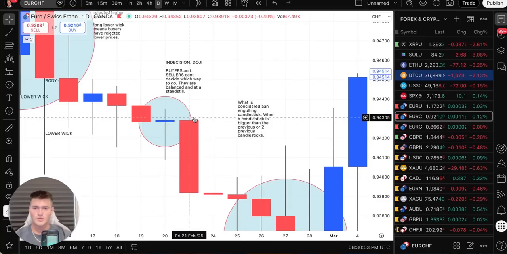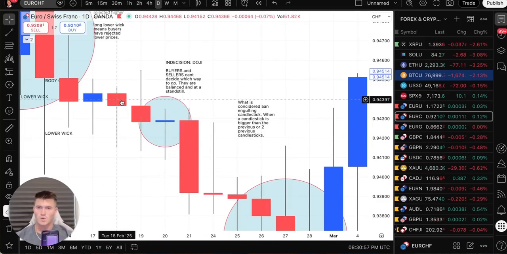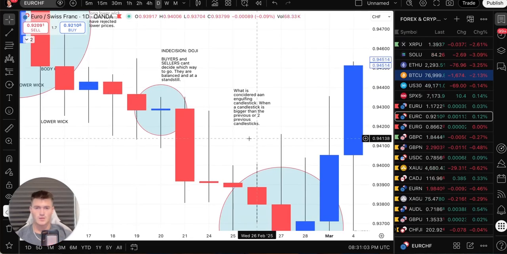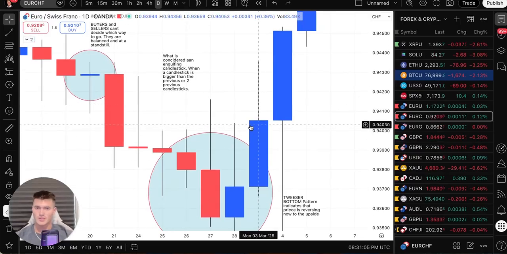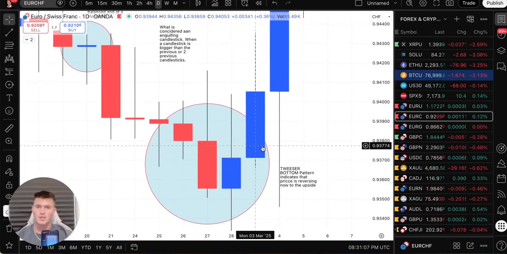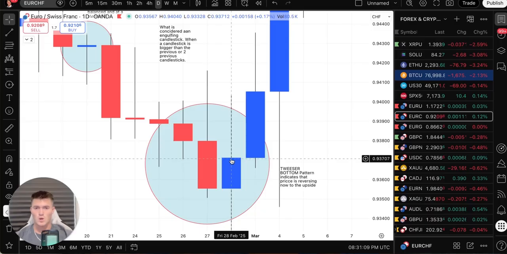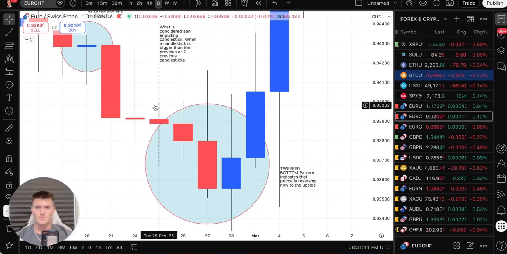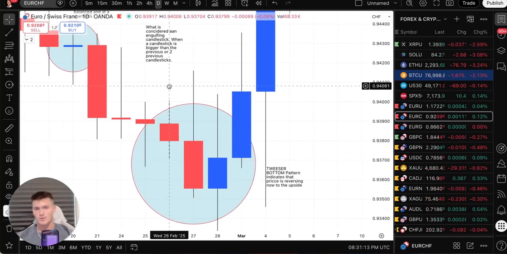So I would consider this a bearish engulfing candlestick because it was bigger than the past 1, 2, 3, 4, 5 candles. And I would consider this a bullish engulfing because it engulfed the previous 1, 2, 3, 4, 5 candlesticks.